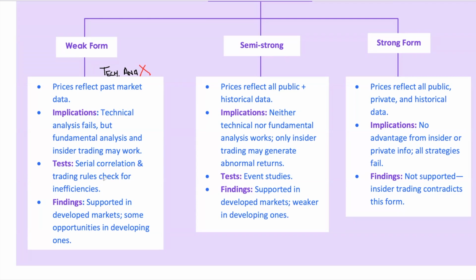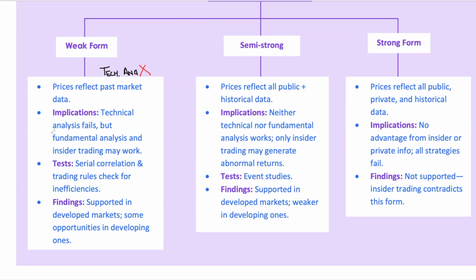If a market is truly weak form efficient, then technical analysis, where folks look at past price patterns, candlesticks, or support and resistance lines, should not, on average, let you outperform the market after factoring in transaction costs. You might still get lucky once in a while, but consistently beating the market this way should not be possible.